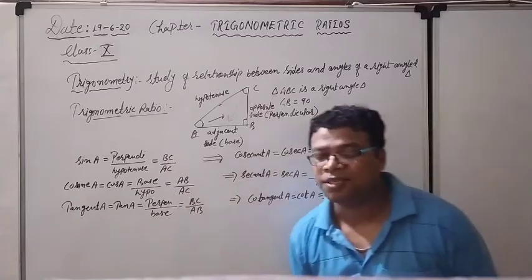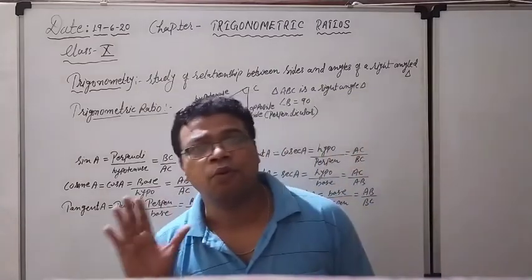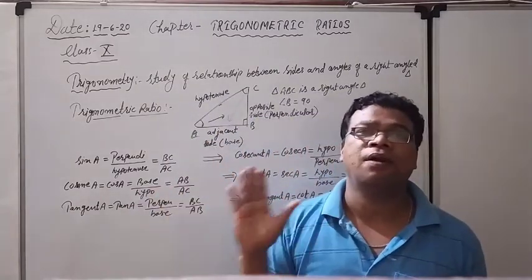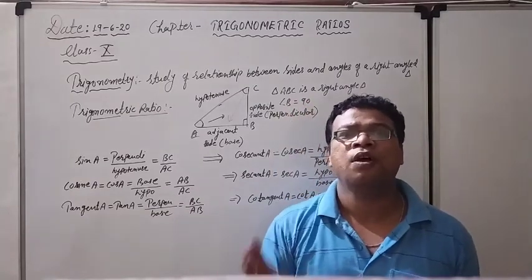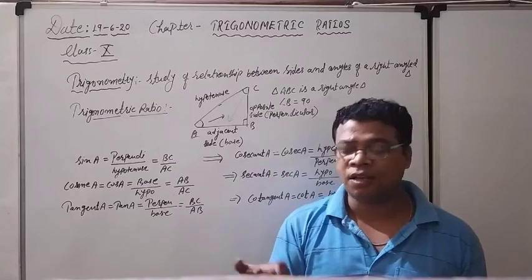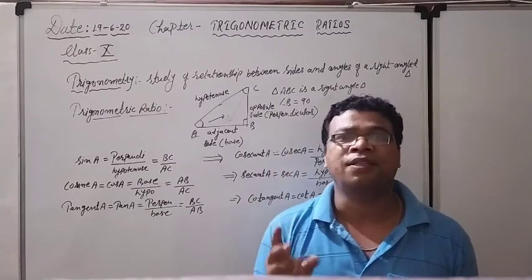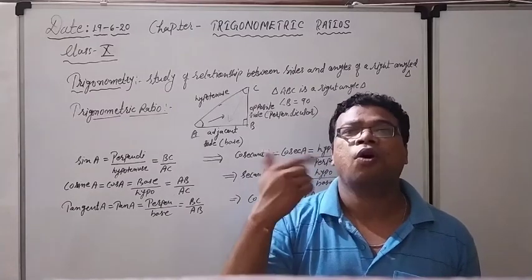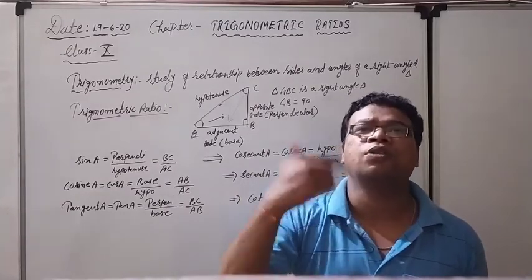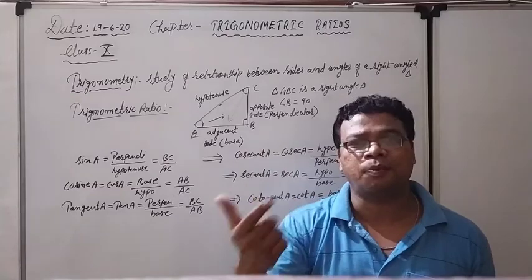So these all 6 ratios we have to remember every time in our mind. Especially we have to remember 3 ratios. One is sine A, sine theta: perpendicular upon hypotenuse. Cos A or cos theta, or cos of any angle, is equal to base upon hypotenuse.